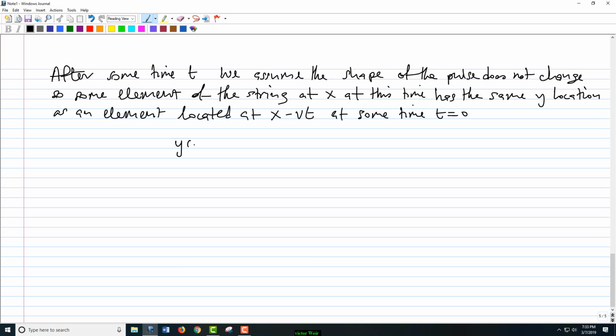So we can write y of x,t equals y of x minus vt, 0, and we can write this in general as y of x,t equals f of x minus vt.